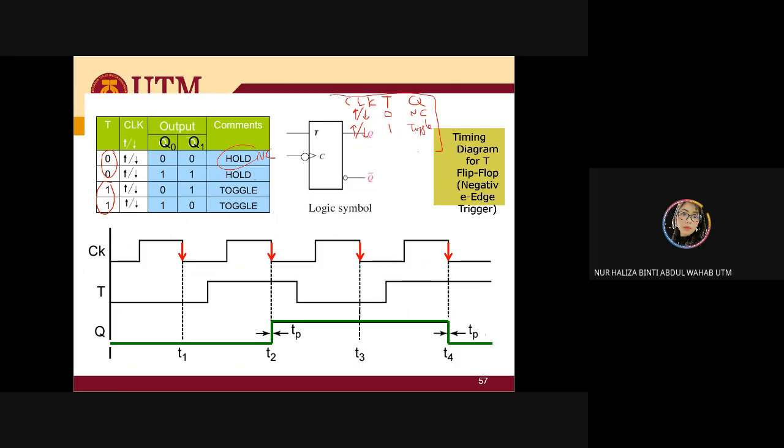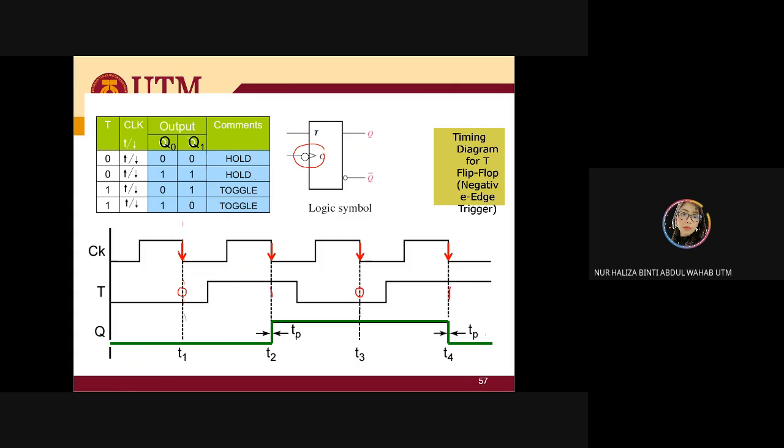So that is the thing that you need to remember for your T flip-flop. Now for this example here, you have a negative clock. You draw at the negative side, and normally the equation will give you the edge, but you need to look into the dotted line there. It's already drawn for me, but the values I need to fill in.